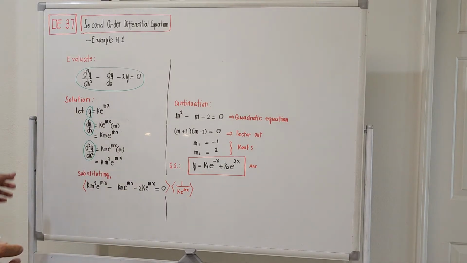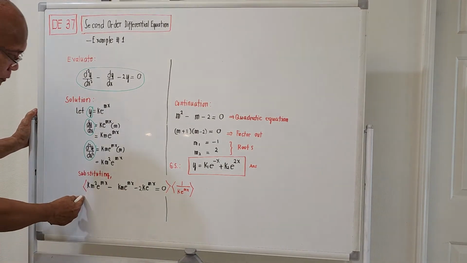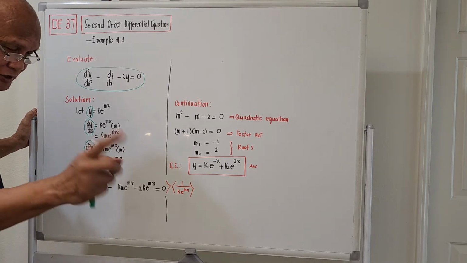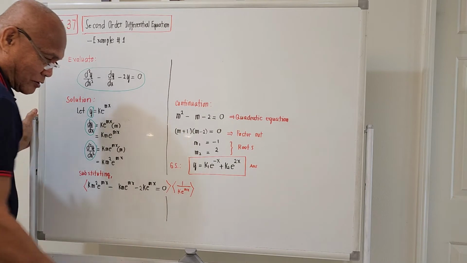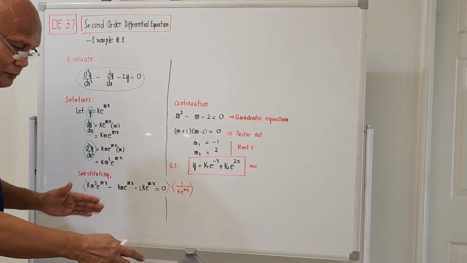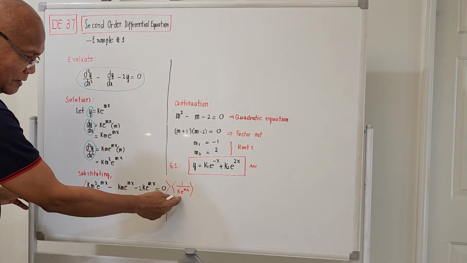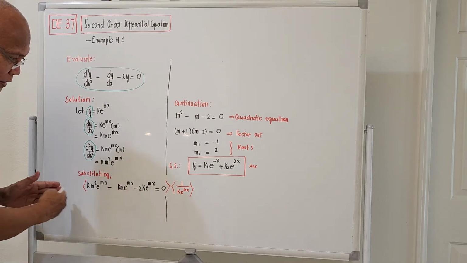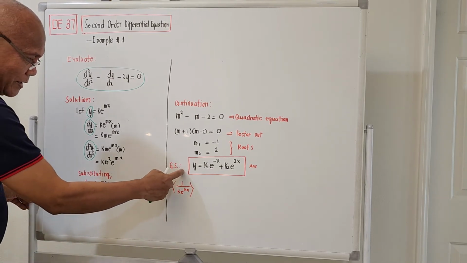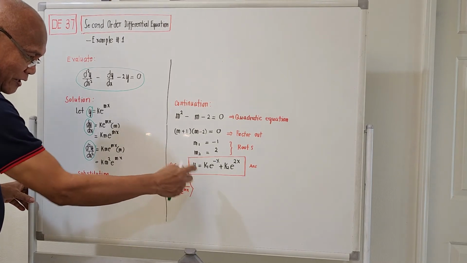If you notice, in all of the terms there is a common factor k times e raised to mx. So we will multiply all the terms by the reciprocal of this to eliminate the common factor. All the terms should be multiplied by 1 over k e raised to mx.